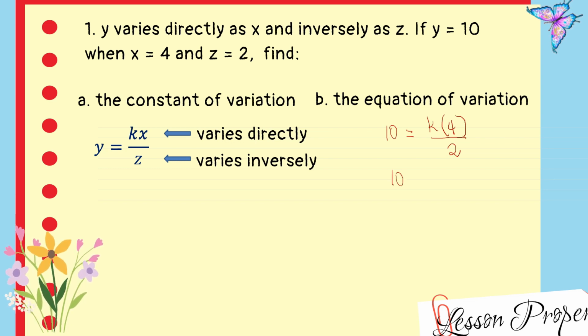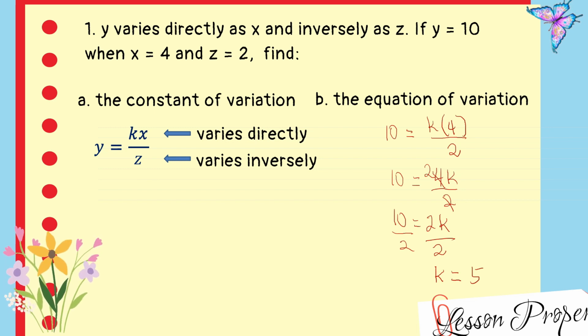This is the same as 10 equals k times 4 is 4k over 2. So we can divide 4 and 2. So 4 divided by 2 is 2. So we have 10 equals 2k. And to solve for k, we divide both sides by 2. So therefore, k is equal to 10 divided by 2 is 5.